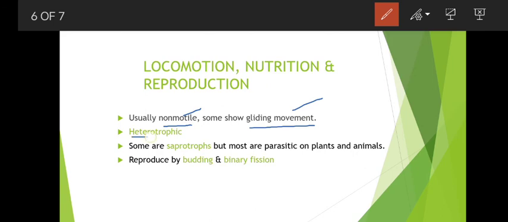They are heterotrophic in nature, that is, they derive food from other organisms. They cannot produce their own food. Some are saprotrophs, but most are parasitic on plants and animals. They reproduce by budding and binary fission. These are the only two modes of reproduction available in Mycoplasma or the PPLO.